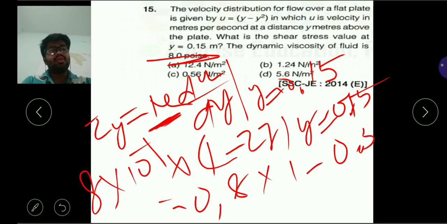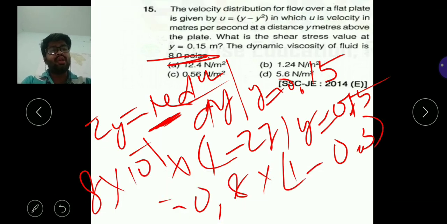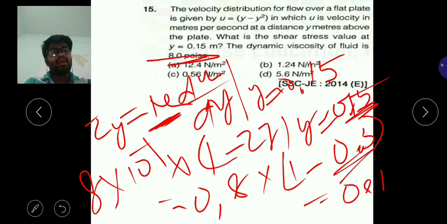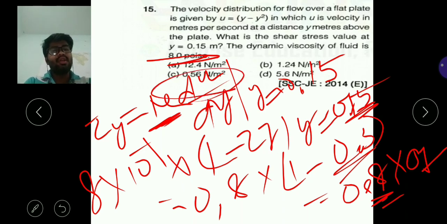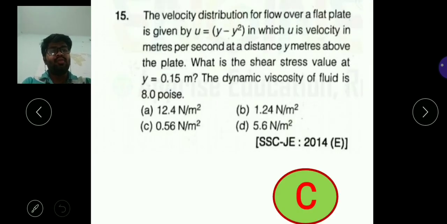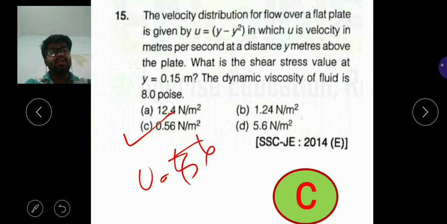Putting the value y equal to 0.15, we get 0.8 into 0.7. The multiplication gives 0.56. So option C will be right here. 0.56 Newton per meter square will be the answer.